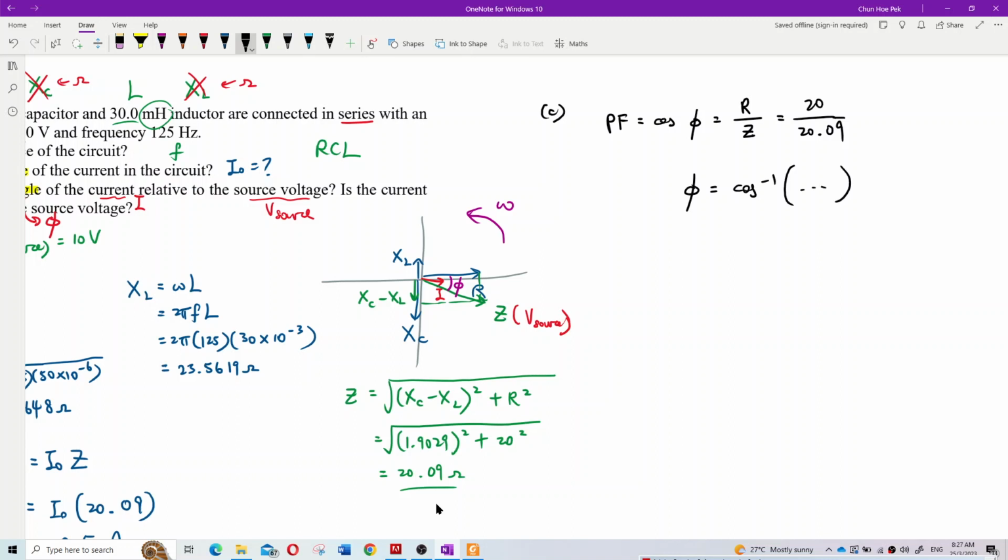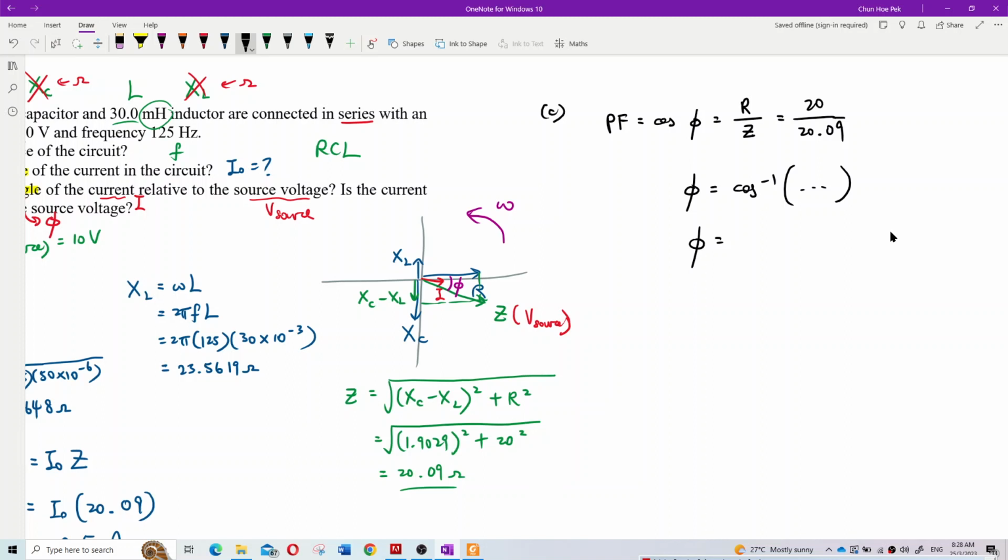Make sure your calculator is in degree. 20 divided by 20.09 equals about 1. And then anti-cos of the answer.